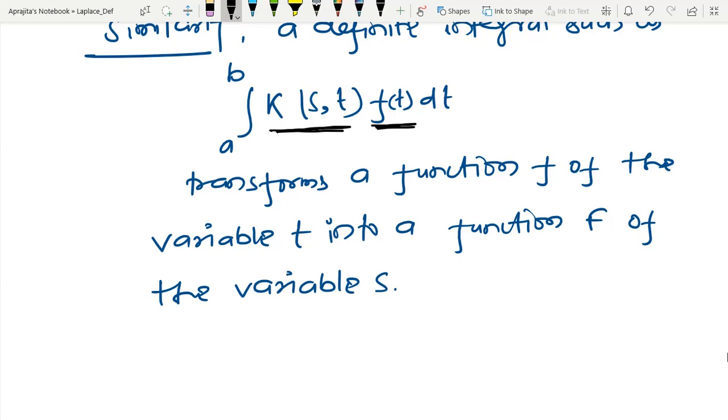So using this kind of operation I can transform a time domain quantity into the frequency domain, where s is nothing but the frequency domain.